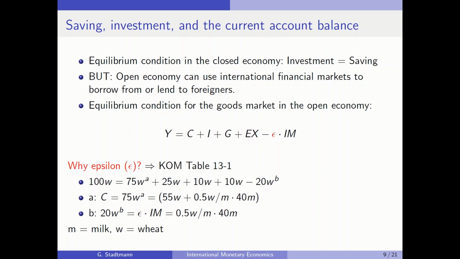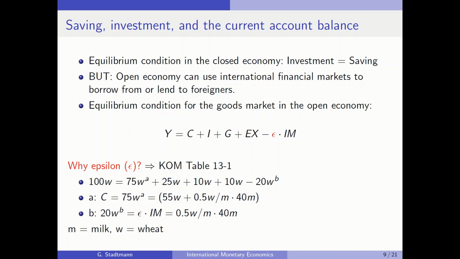So let's dig a little bit deeper into the goods market equilibrium condition in an open economy. One possibility to quote the equilibrium condition for the goods market in the open economy is to look at this relationship where we have goods supply on the left-hand side and goods demand on the right-hand side. On the right-hand side, we once more have consumption, investment, government spending, then exports, and minus the imports.